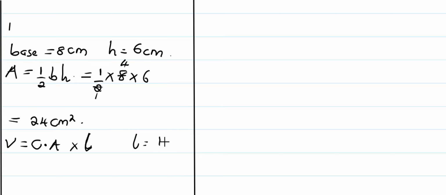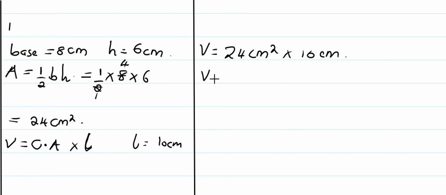So the volume V will be equal to the cross-sectional area, 24 centimeters squared, multiplied by 10 centimeters. So volume V is 24 multiplied by 10, which is 240.